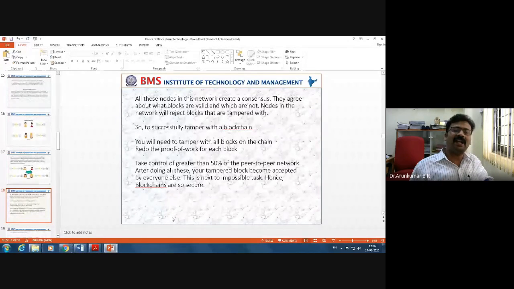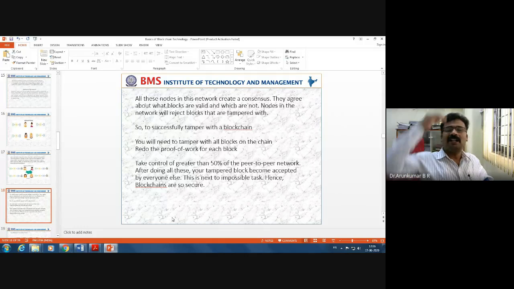In the case of Bitcoin, it takes 10 minutes. So first you redo the proof of work, then create the block, then for that block create the hash, and go to the third block and redo the proof of work, create the hash. That way you have to do it for all the blocks in the blockchain.